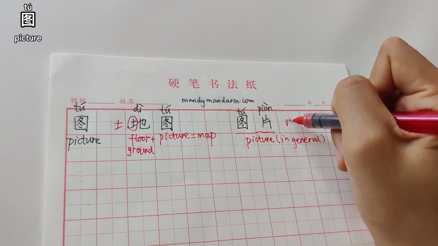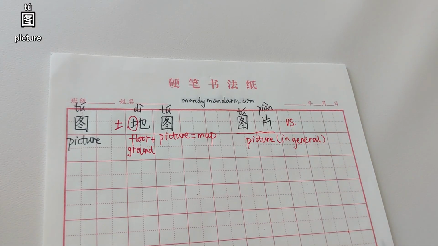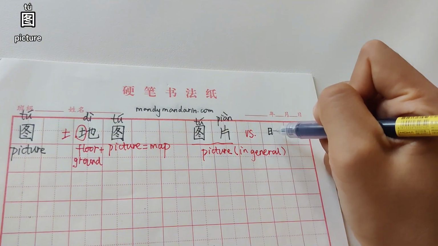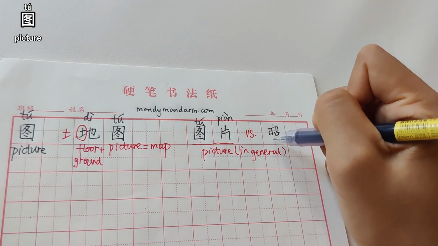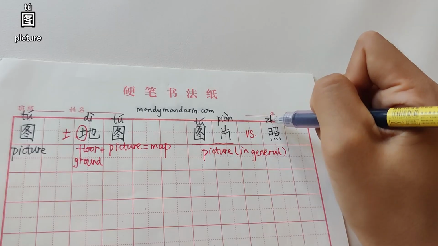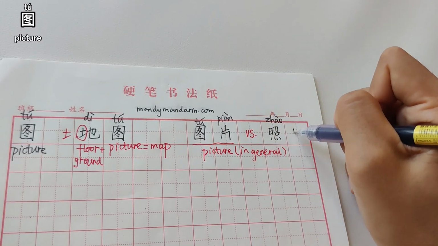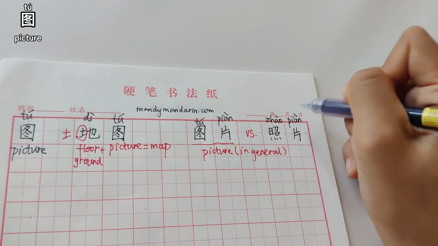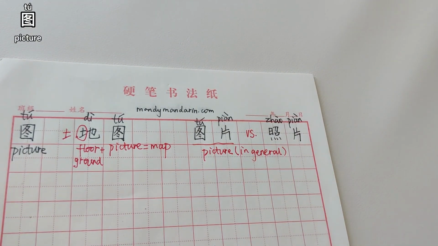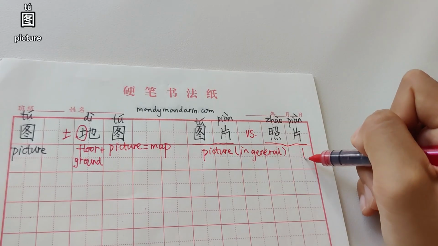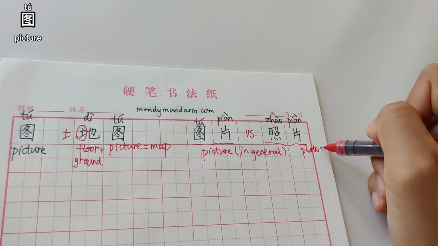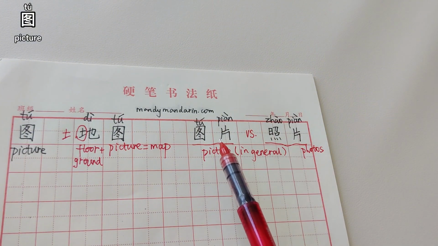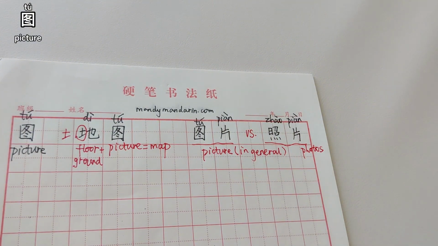The 图片 could be any picture, but we also have 照片. 照片 would be the photo, the photos you took from the camera. So that's the difference between 图片 and 照片.